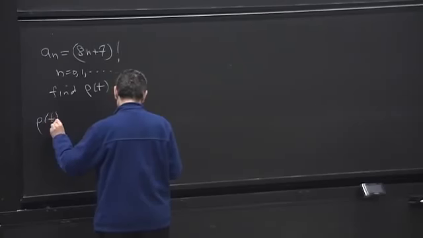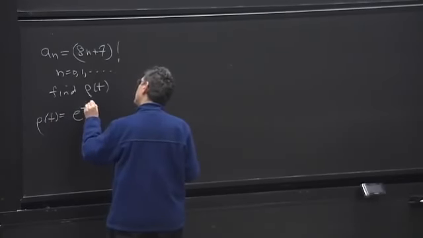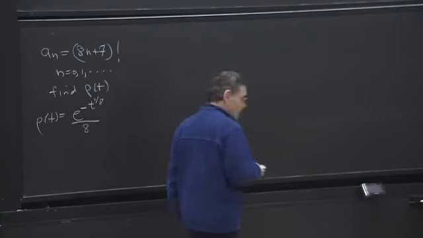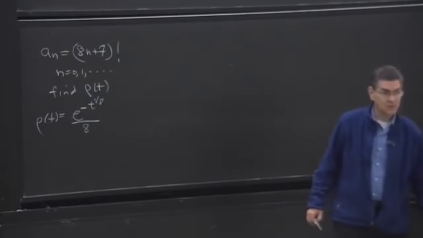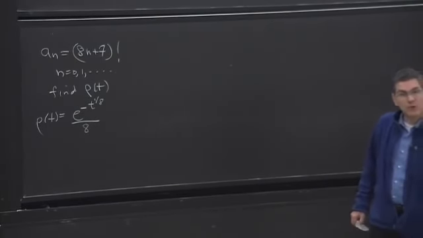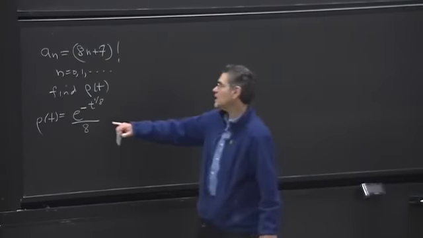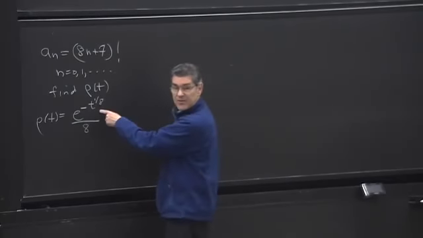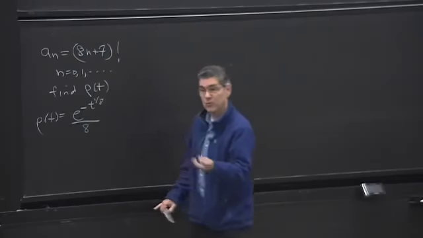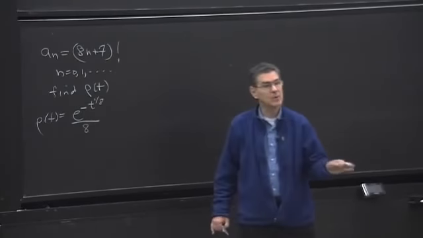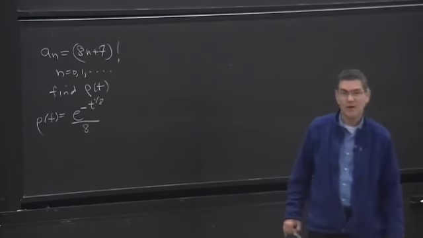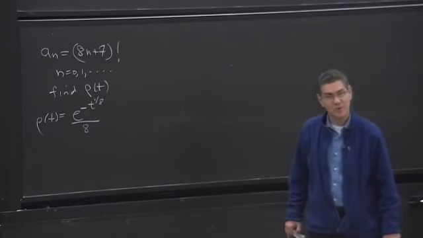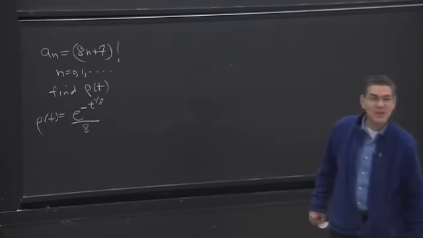Rho of t equals e to the minus t to the 1/8 power over 8. That's the solution. And you can pretty much do this in your head. If you plug it in, do the integral, make a change of variables, replace t to the 1/8 by s, do the integral, you get the factorials. Everything works. Okay? But here's the unfortunate part of the answer. This isn't the only answer.